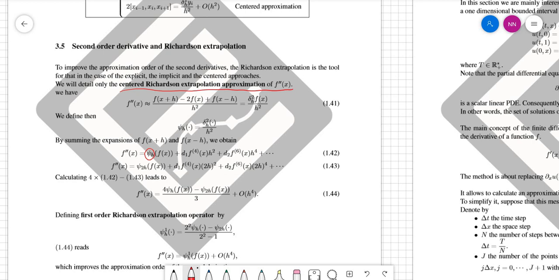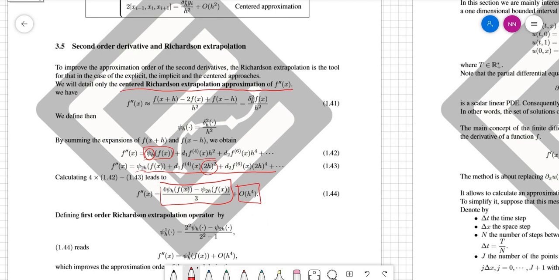So if we write f double prime as psi h of f, which is the centered approximation, plus an error term that starts with h squared, and then again with psi 2h, you are used now to this kind of expressions, plus 2h squared in here, and then we combine both to remove the term in h squared, you will have an approximation with an error term of h to the power 4.